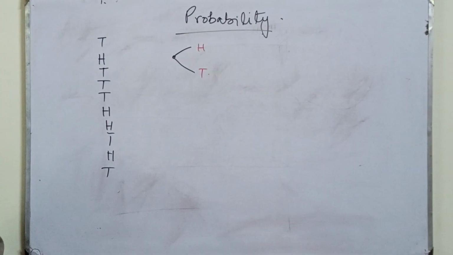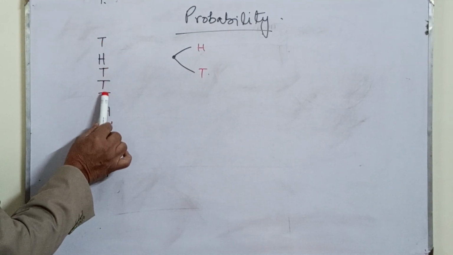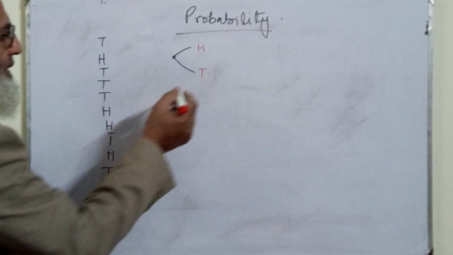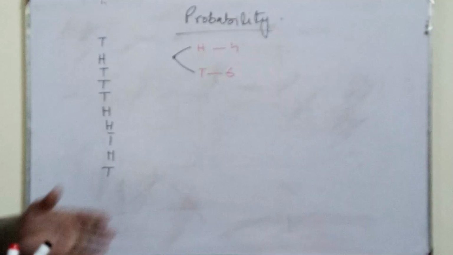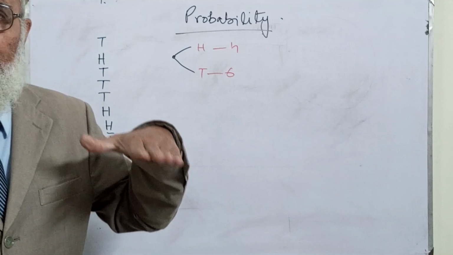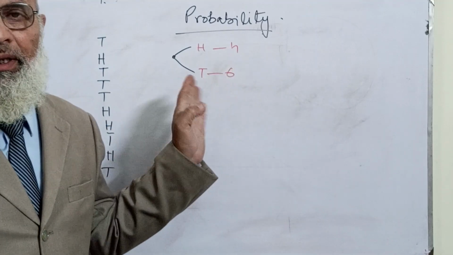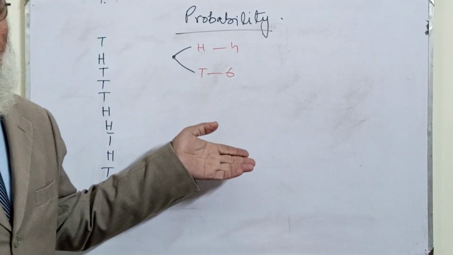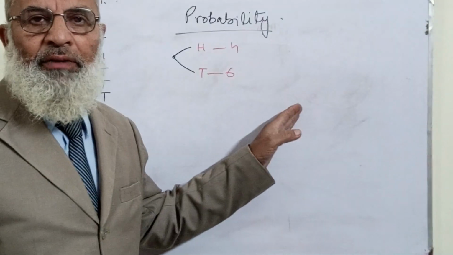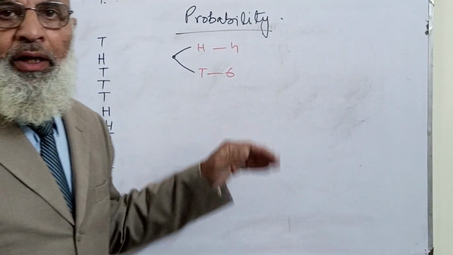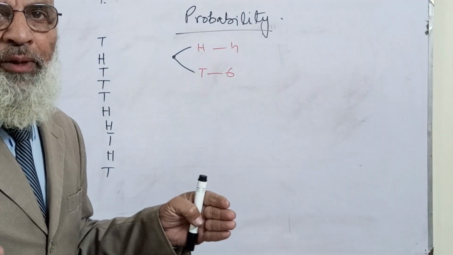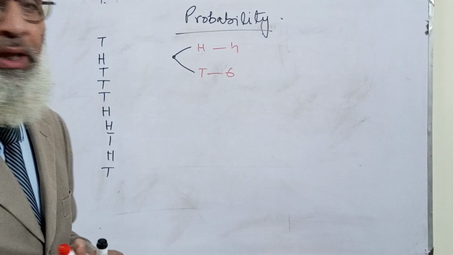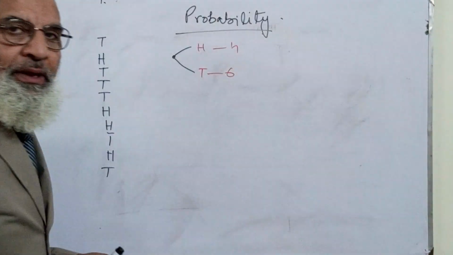If I count, there are 6 T's, and of course 4 heads. The ratio is approximately 50%. When you keep on tossing the coin, maybe 100 times or 50 times, you will see that it will become closer to 50%. Each outcome will be 50%.